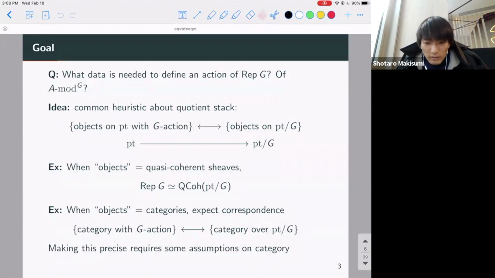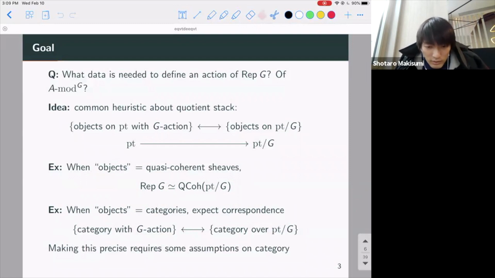For example, when objects are quasi-coherent sheaves, a quasi-coherent sheaf on a point mod G is a quasi-coherent sheaf on a point, which is just a vector space, with an action of G. You have to be a bit more careful in how you say this, but in the end, you get G representations.